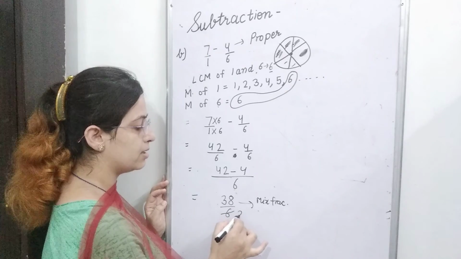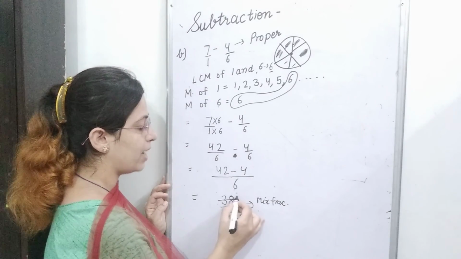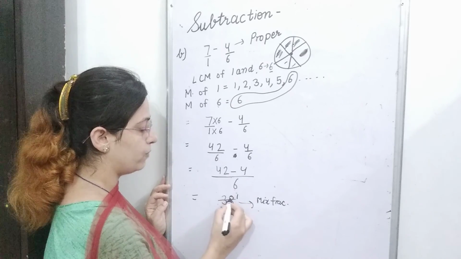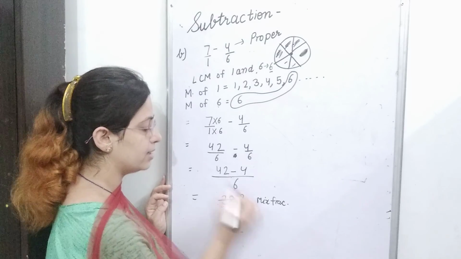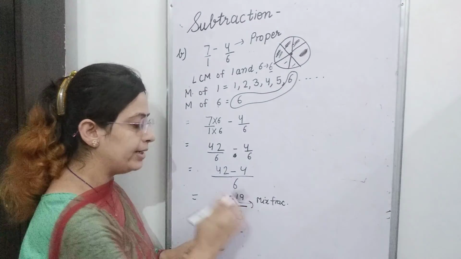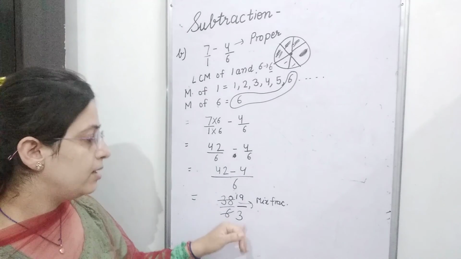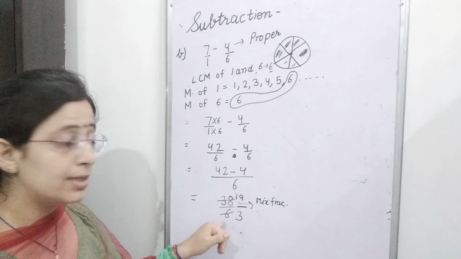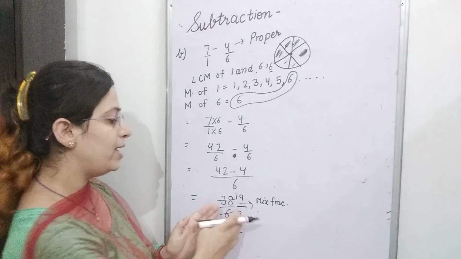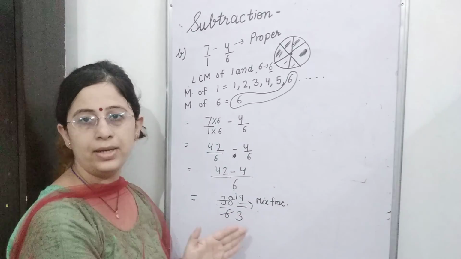2 times 3 is 6. Now you can divide it here. 2 times 1 is 2, 1 from here, 18. 2 times 9 is 18. So if I cut it, the simplest form will be 19 by 3. Again this is an improper fraction. 19 is big and 3 is small. Out of 3 parts I cannot eat 19. So this is an improper fraction.